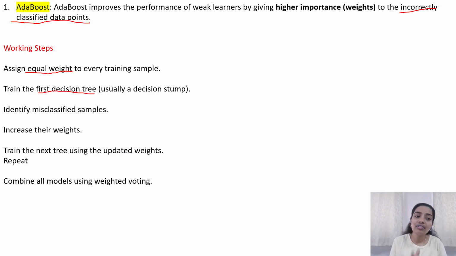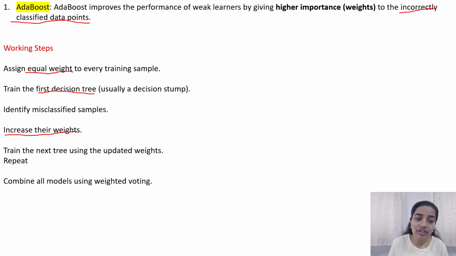We train the first decision tree, then we identify the misclassified samples, that are the errors, and we increase their weights. At the beginning we give equal importance to all of them.